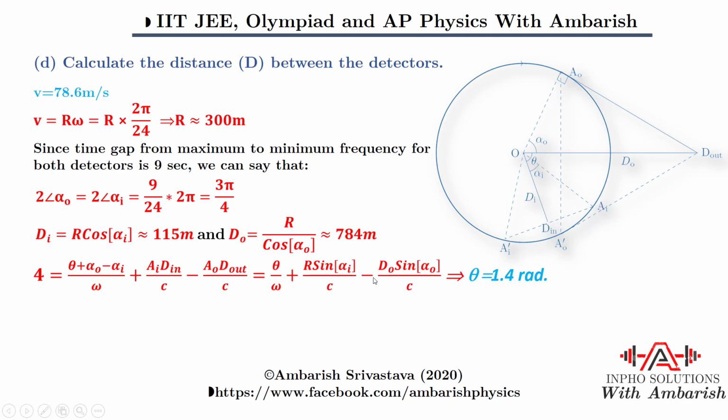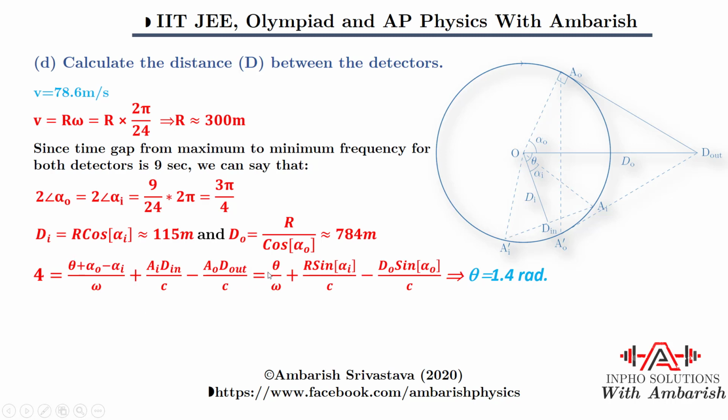And A naught D out by C becomes D naught sin alpha naught by C. This distance is D naught, and sin alpha naught makes A naught D out, divided by C, that's the time. So this is the time difference between the two maxima, from peak of detector 1 to peak of detector 2.